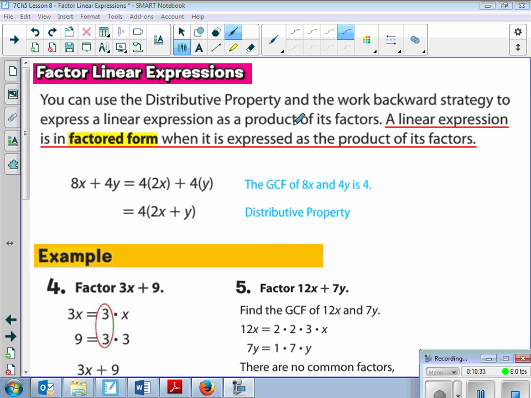So here, the backward strategy means that I'm going to take this 4 and undistribute it. Is everybody with me? So I'm going to take the 4 out and put it in front of the parentheses. You see that? In front of the parentheses. And then what's left, 2x plus y, stays in the parentheses.